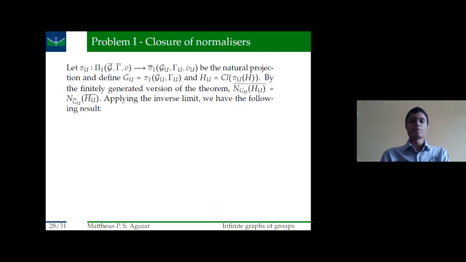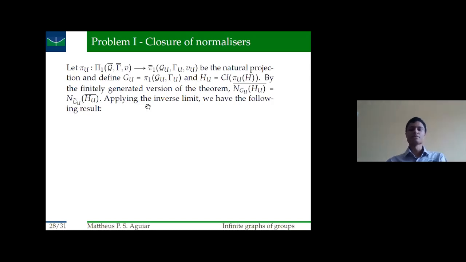Now we have this pi_U from the fundamental group to the completions with the natural projection, and define G_U as this pi_U of G_U, gamma_U, and H_U as the closure of pi_U of H. By the finitely generated version of this theorem that appears in the paper of Zalesski and Ribes, we have that this closure equals the normalizer in the profinite completion.